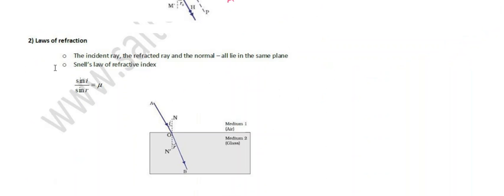Then, according to Snell's law, sine I by sine R, the sine of the angle of incidence by the sine of the angle of refraction, is equal to mu. Mu is nothing but the refractive index.